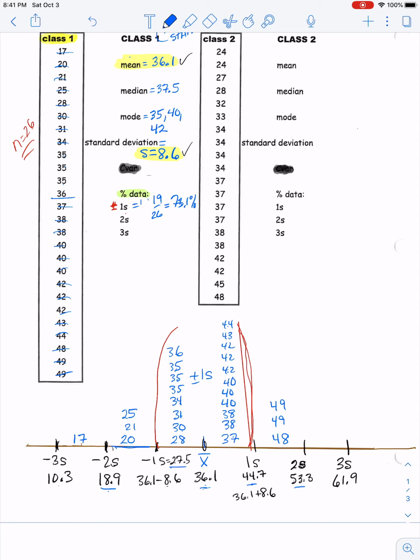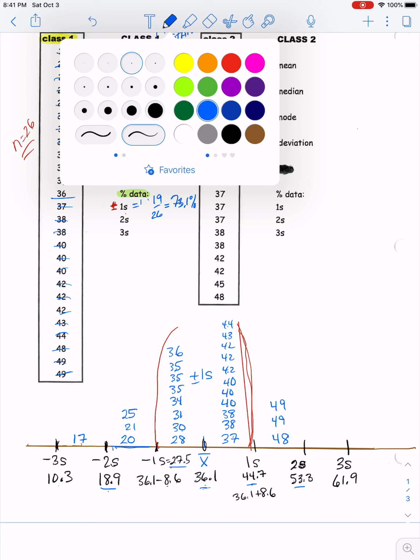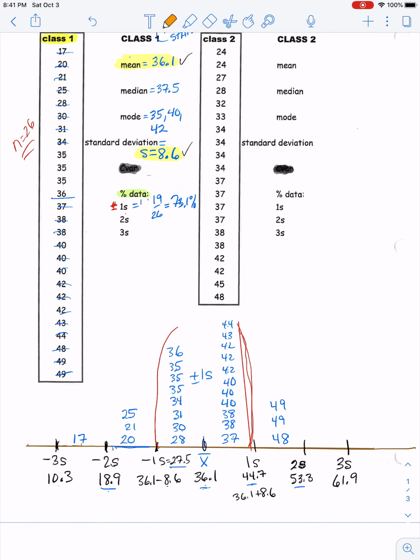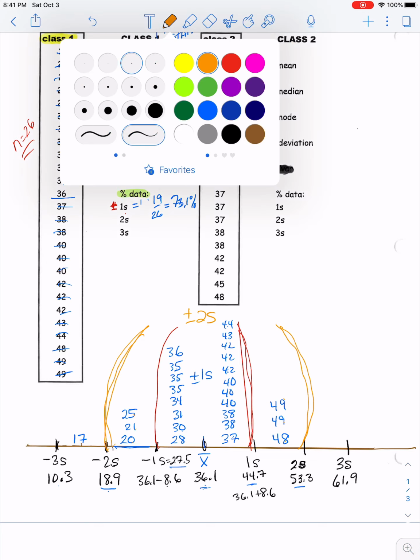Okay, now we're going to go out 2 deviations from the mean. So here's 2 to the left, 2 to the right. Now all of these within these orange lines is plus or minus 2 deviations of the mean. So we were at 19, so we got 20, 21, 22, 23, 24, 25 data values.